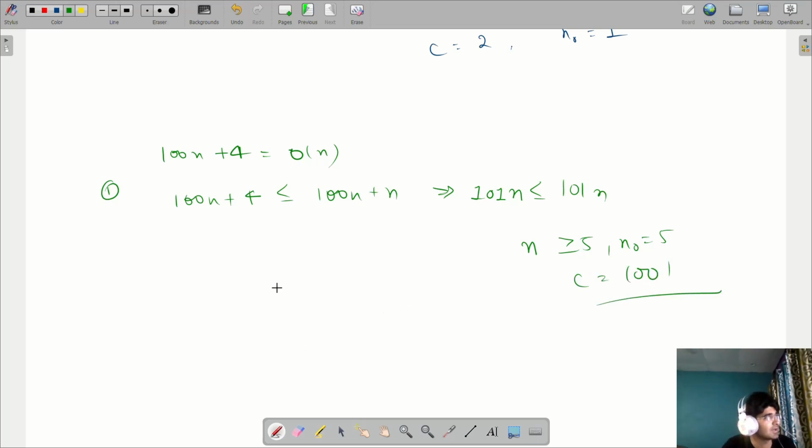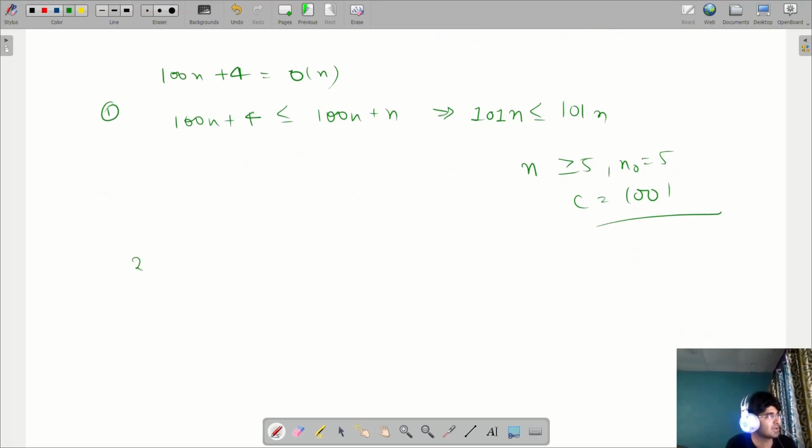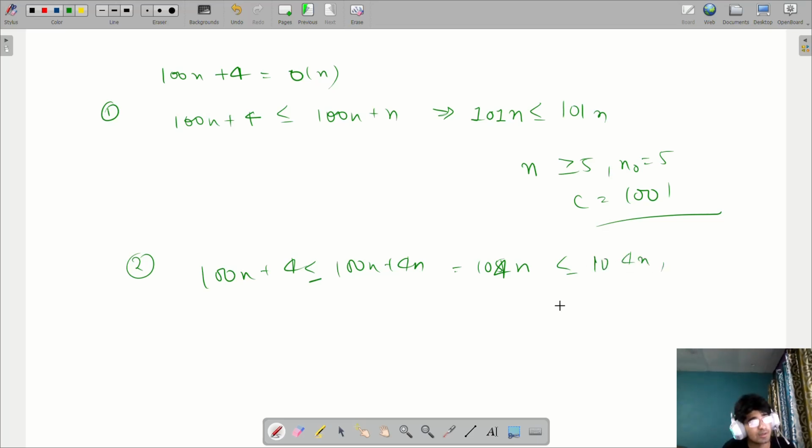But at the same time, there can be another solution, that is 100n plus 4 is less than or equal to 100n plus 4n, which is 104n, for any value of n not equal to 0. Sorry, I made a very small mistake there. It was 101, I was just writing it down really quick, so 101.